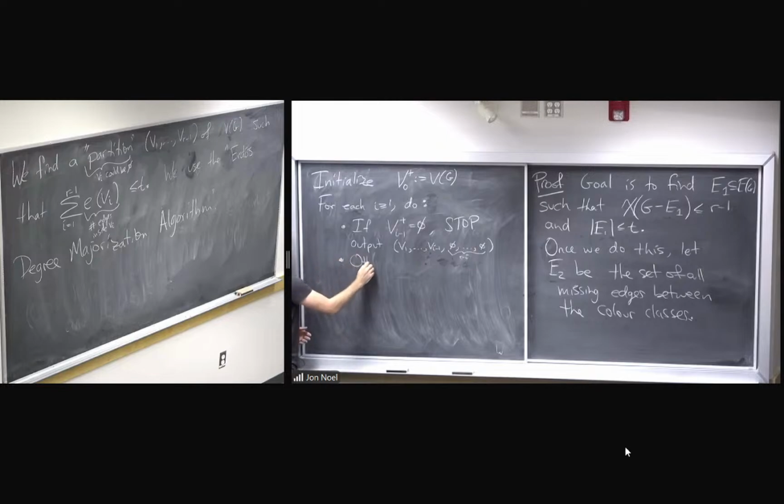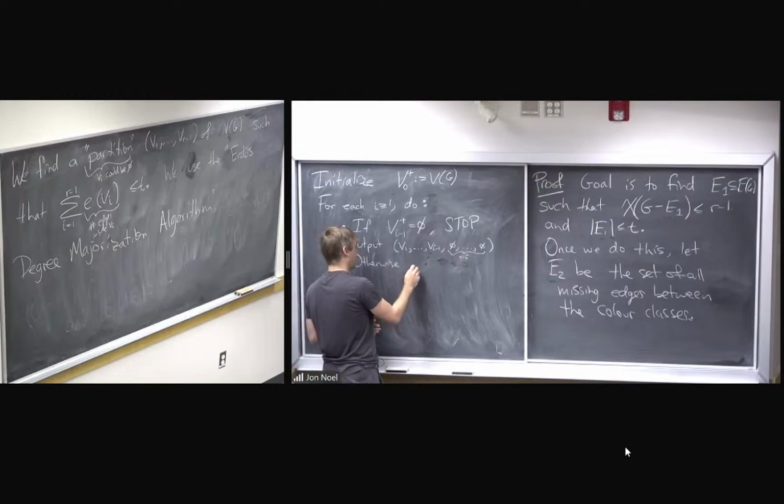So otherwise, initially V0 is everything, so it's not empty. Otherwise, we do kind of what you do on your assignment. Pick a biggest degree vertex and divide the graph into its neighborhood and its non-neighborhood and do something different in both.